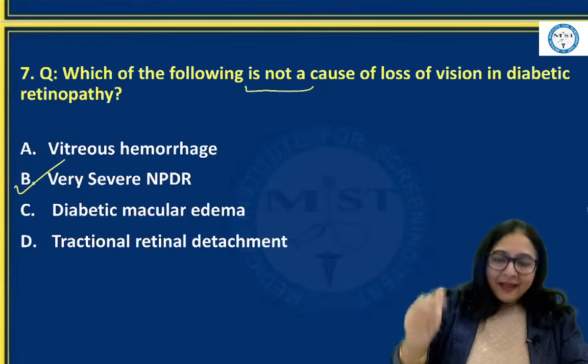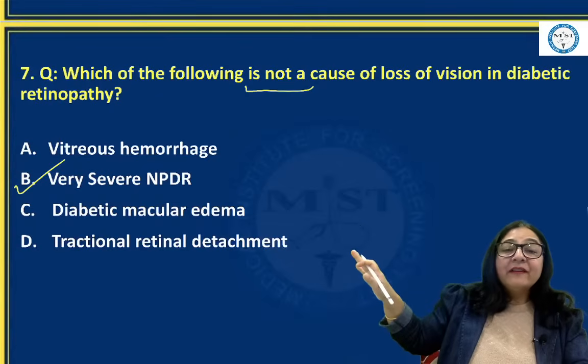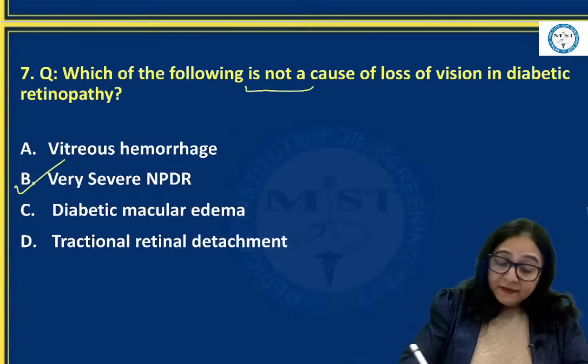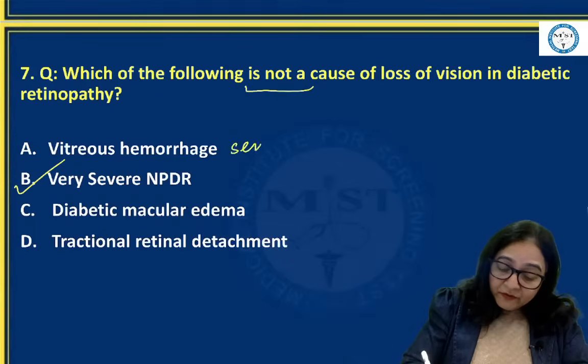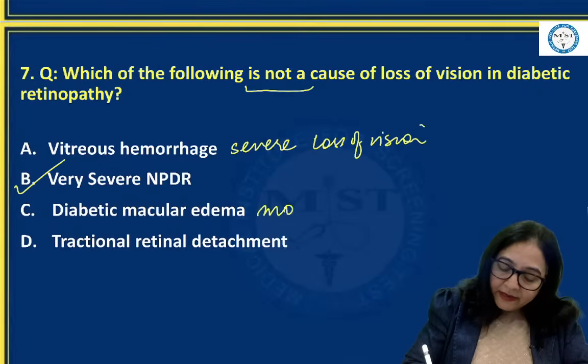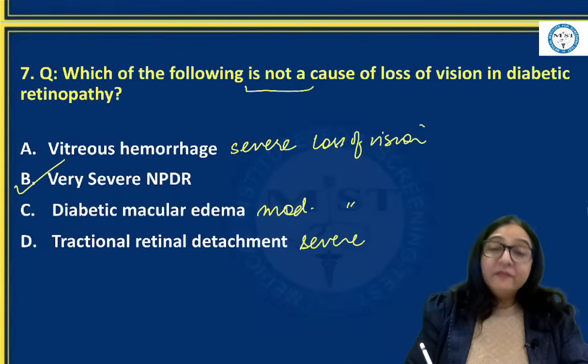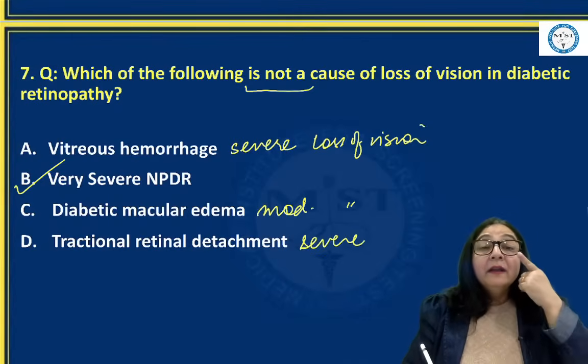Okay? And as you know, vitreous hemorrhage and tractional retinal detachment often cause severe loss of vision. And macular edema mostly causes moderate loss of vision. Tractional retinal detachment, again severe loss of vision.